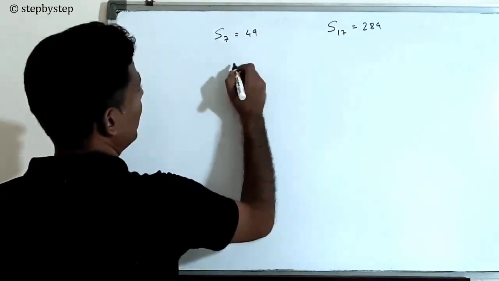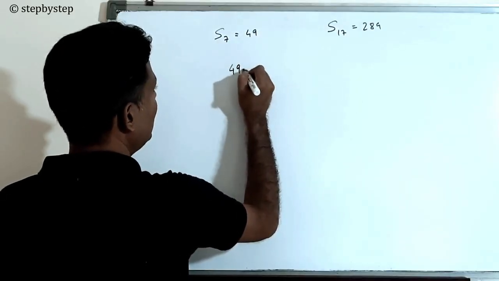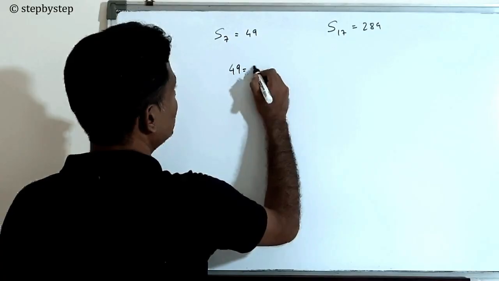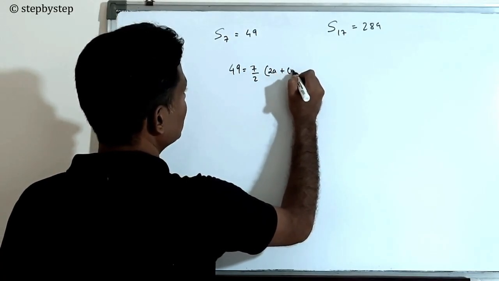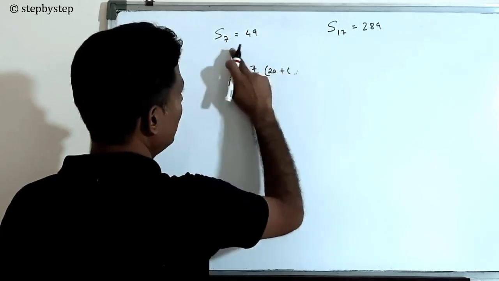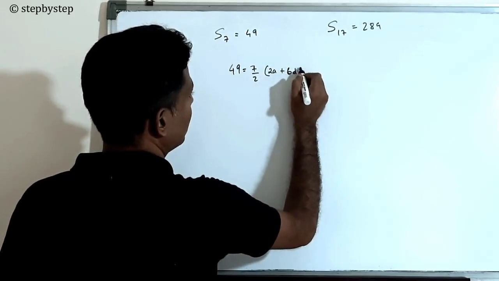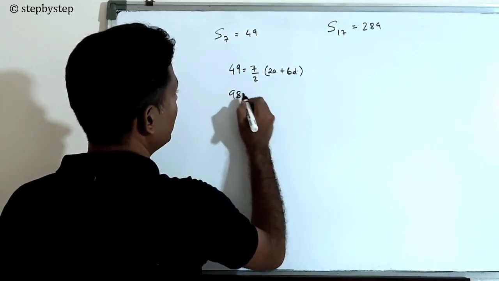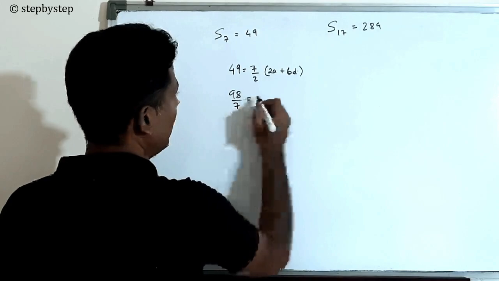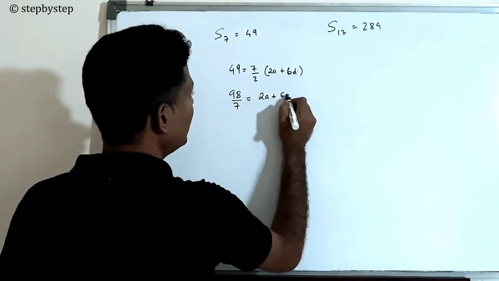Okay, so S of 7, that is 49, equal to n by 2, that is 7 by 2 into (2A plus (n minus 1), that is 7 minus 1, that is 6D), right? I transpose 2 to the other side, it becomes 98, and 7 will come down here, 2A plus 6D.